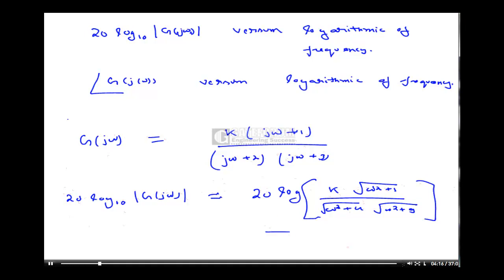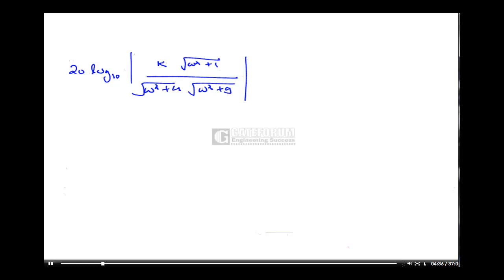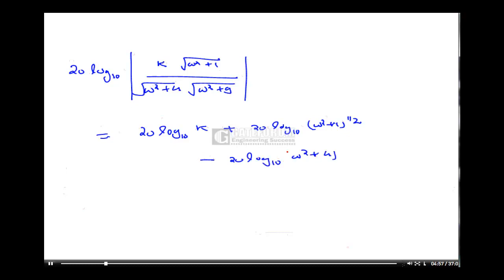Now we can simplify this logarithmic expression. This can be written as 20 log 10 K plus 20 log 10 (omega square plus 1) to the power 1 by 2, minus 20 log 10 (omega square plus 4) to the power 1 by 2, minus 20 log 10 (omega square plus 9) to the power 1 by 2.